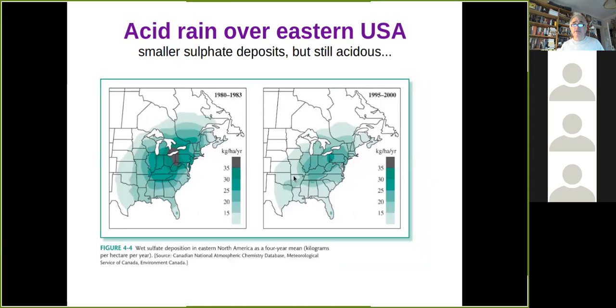Here is a map of Eastern USA, showing how it was worse back in the good old times. I think that is the take-home message from these maps. Around some industrialized areas there is a lot of wet sulfate deposition, and in modern times the acid deposition has gone down.